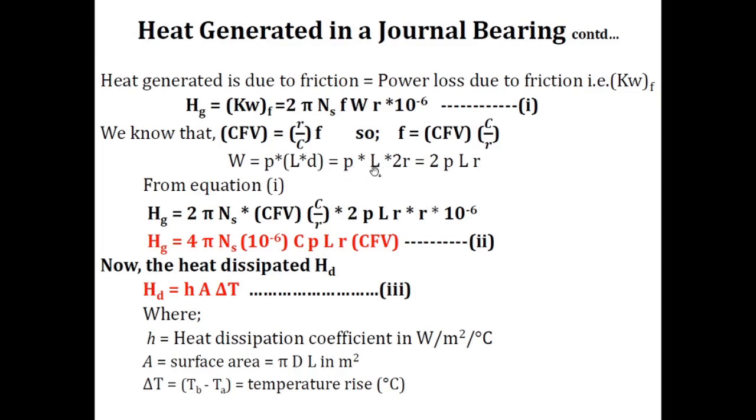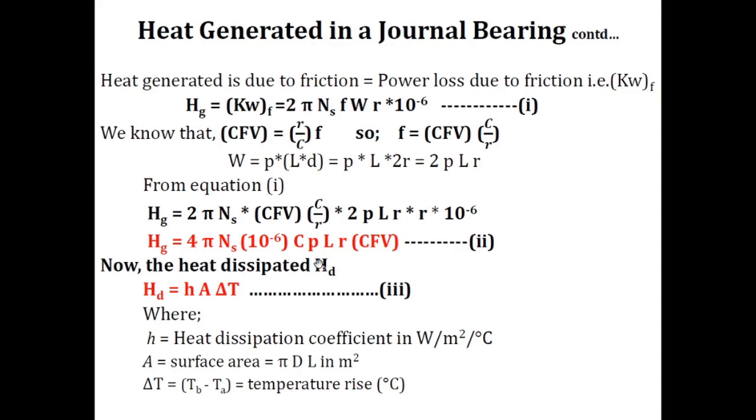So here it is P L 2R. We substitute the value of W and the value of the coefficient of friction in this equation, and it gets modified to this form. So Hg is equal to 4 pi ns into 10 to the power minus 6 into C P L R into CFE, substituting all these values. This is the total heat generated in the bearing.